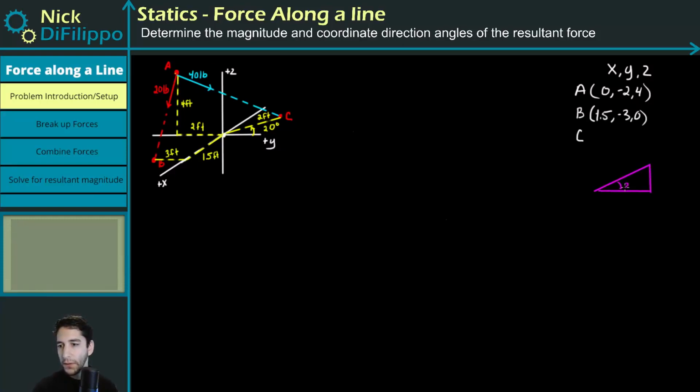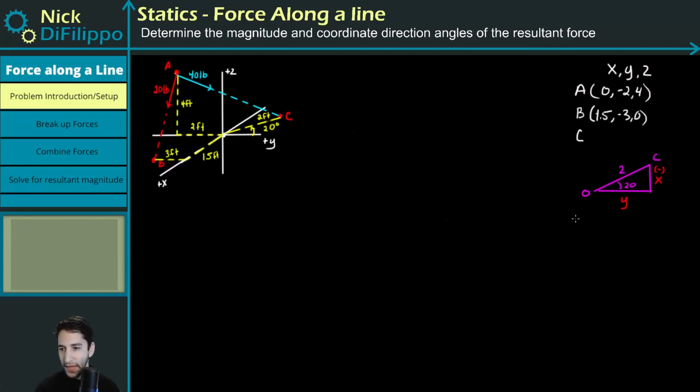So let's draw this right triangle just to make it a little more clear. This is going to be 20 degrees. This is going to be 2 feet, from point O to point C. Now, what are these distances? This distance is going to be my Y distance, and this distance is going to be my X distance. I do need to remember, and I'll take care of it later, that I am going in the minus X direction.